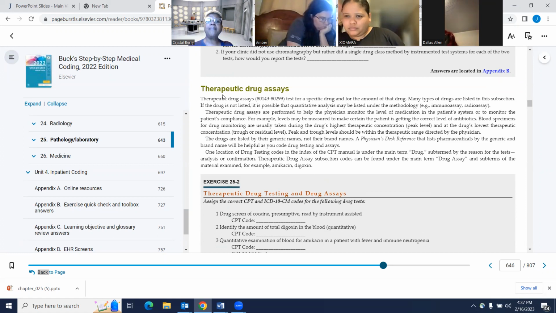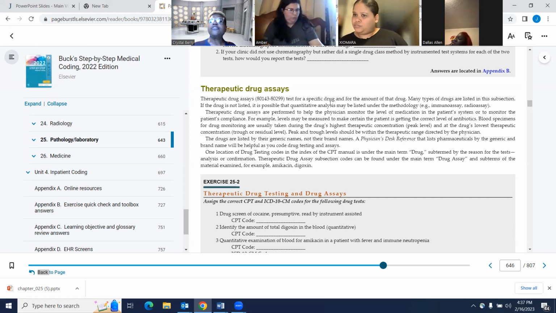So if you go back up and you look at the therapeutic drug assay, it says therapeutic drug assays 80143 through 80299. Test for a specific drug and for the amount of that drug. Many types of drugs are listed in this subsection. If the drug is not listed, it is possible that quantitative analysis may be listed under the methodology. So on here, what is it asking for? The quantitative, right?